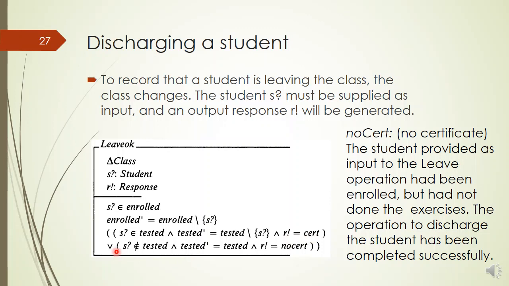And there is another predicate which is basically a warning. If the student is not tested yet, then the student cannot be subtracted from the set tested, and the response would be no certificate.